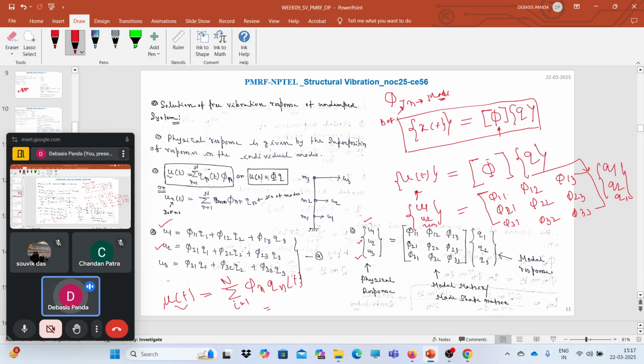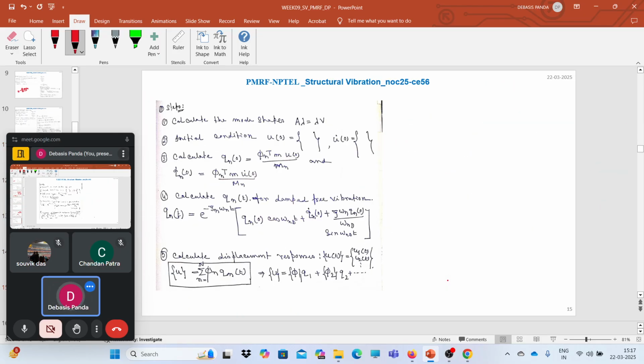That means if you need to consider two modes, then that will be phi 1 q1 plus phi 2 q2. If you have three modes, subsequently the equation will get larger. So this is how the structure of the modal representation forms.